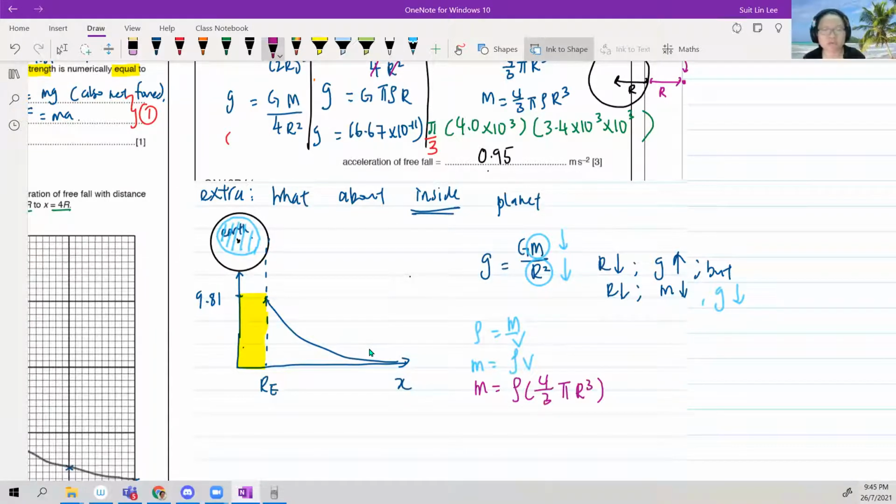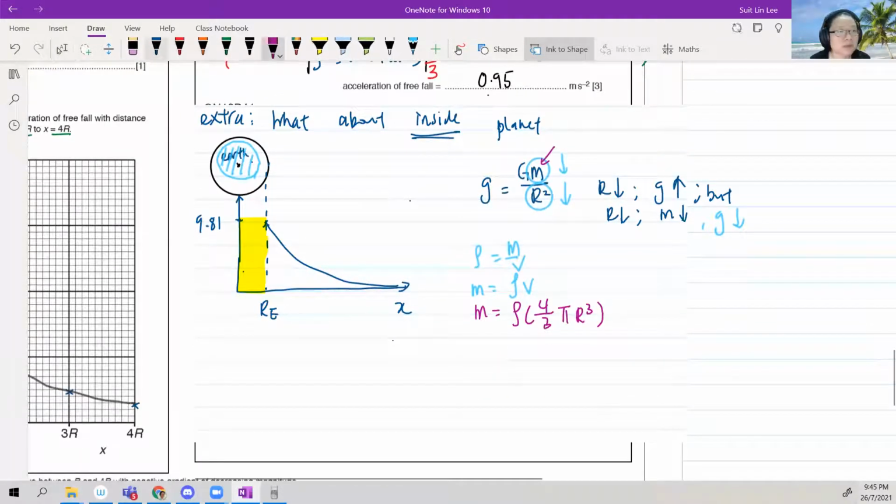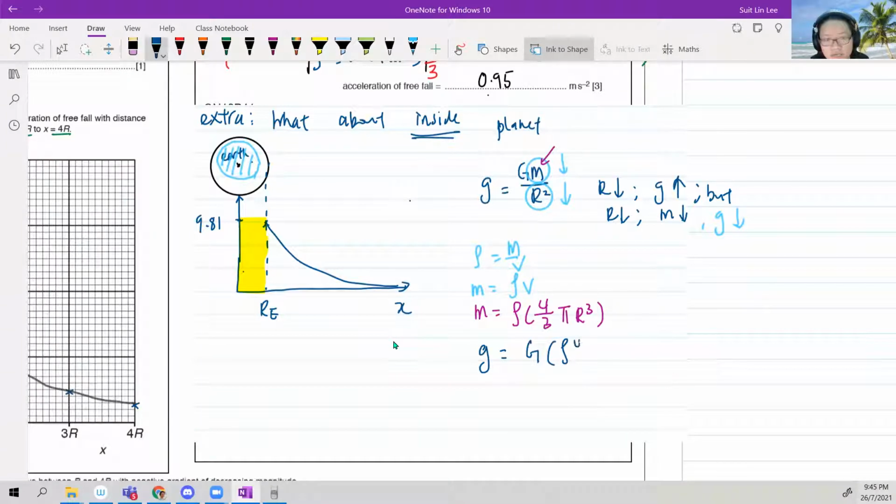Okay, I'm not going to forget my over 3 now. Joking. So we substitute into this M. Now if I substitute this in, my g will be equal to G, bracket, density, 4 over 3 pi r cubed.